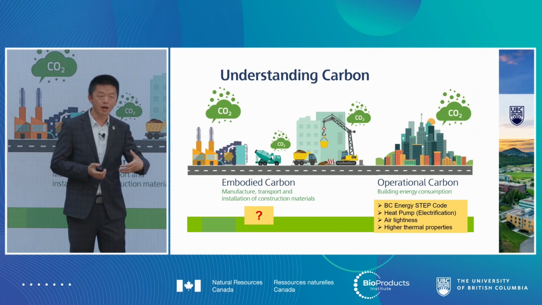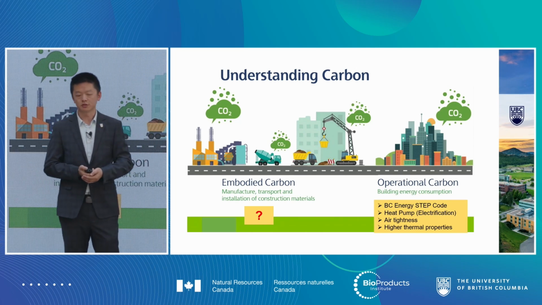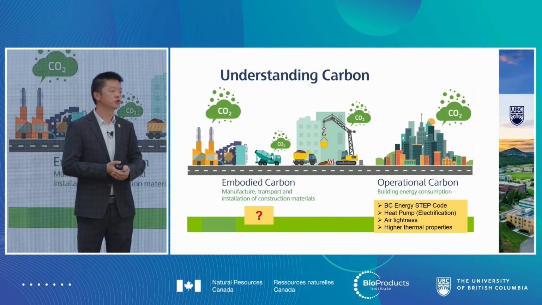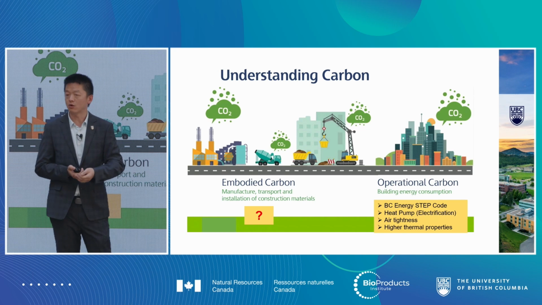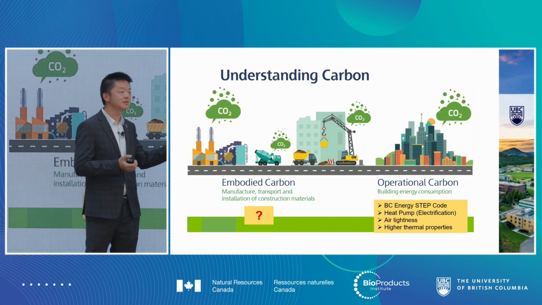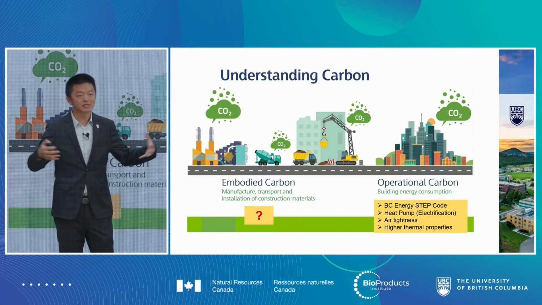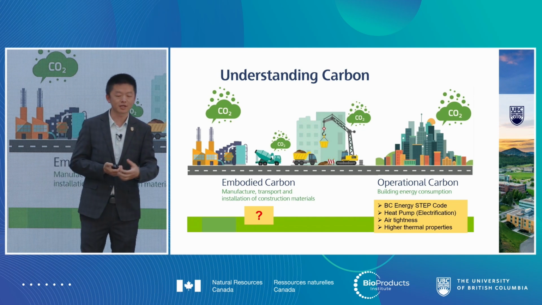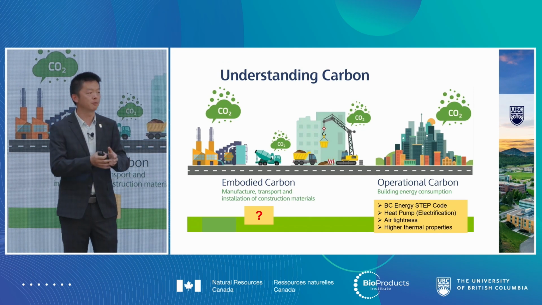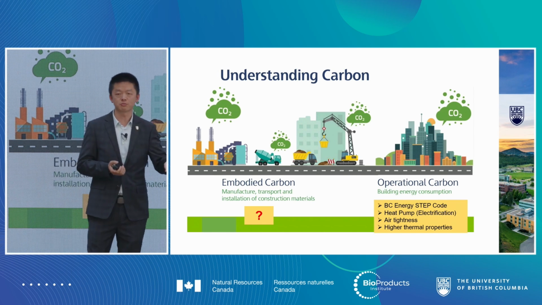They're trying to increase the energy performance of buildings, through heat pumps, which means instead of natural gas we use more electricity, because our electricity is very clean from hydro. Or by increasing air tightness, so there is not much air exchange and the energy won't go out through the cracks. Also, with higher thermal properties, the building walls are getting thicker. Using these methods, operational energy has been reduced dramatically.